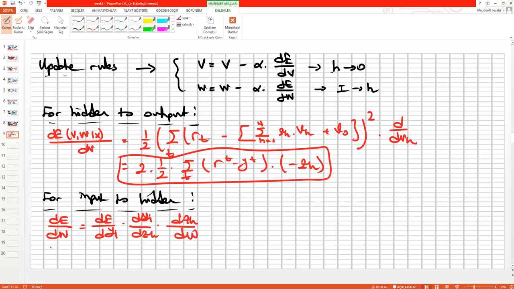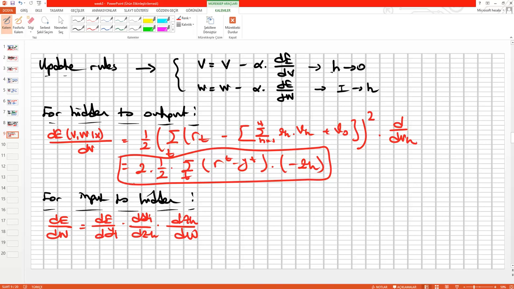Okay, this is the chain rule. Each term expresses the other terms. But if I choose to use this form, we can easily calculate the proper update rule.